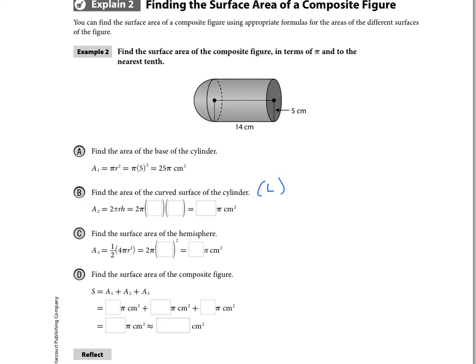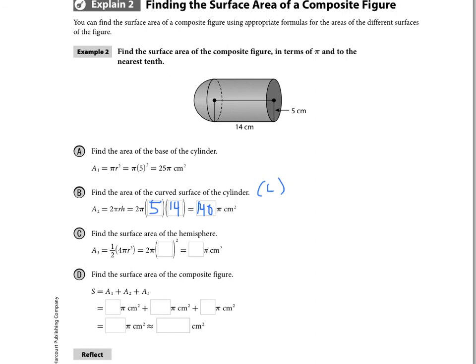And if I remember from my cylinder video, that's 2 pi r h. And so r is the same as we had in part A there. So a 5 for our radius. And the height of the cylinder is 14. So multiplying that all out and again leaving it in terms of pi, I am going to have 140 pi.